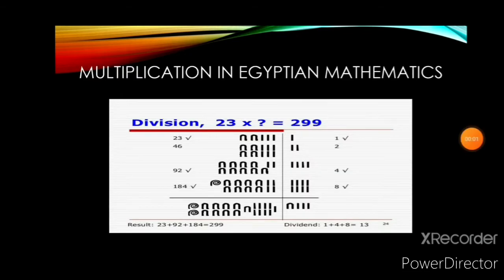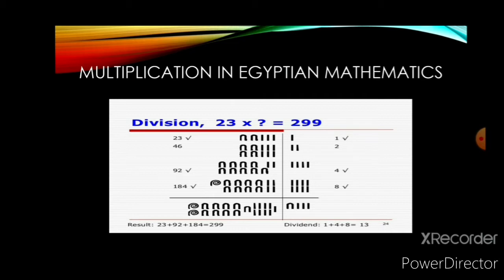To multiply or divide numbers, Egyptians used a method very similar to what we today call binary numbers. That is the concept of adding specific powers of 2, with which we can obtain any unique number.